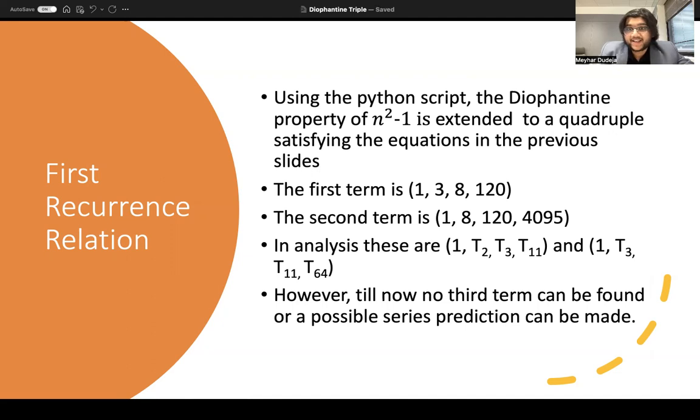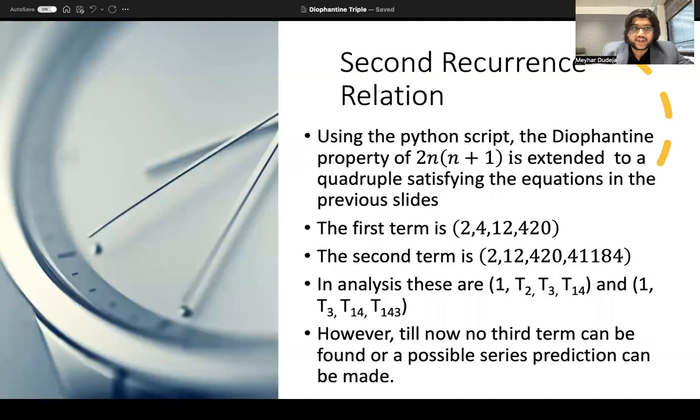I tried to analyze these terms. If you see, 1, 3, 8, 120 is basically T1, T2, T3, T11, and then you have T3, T11, and T64. However, we cannot find the next term, and that's actually one of the future goals of this project.